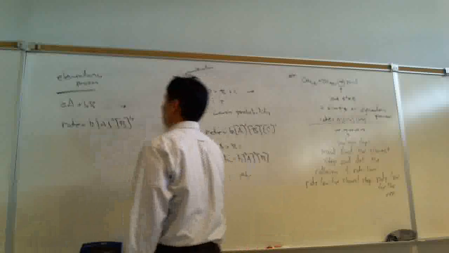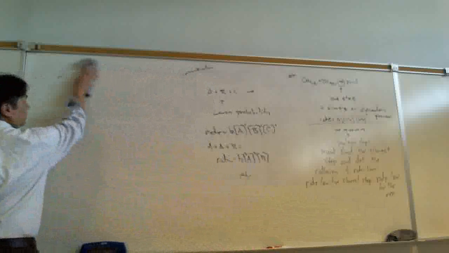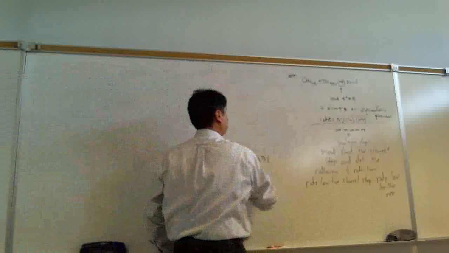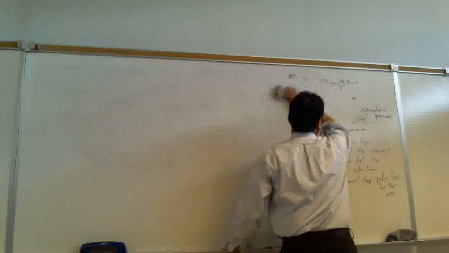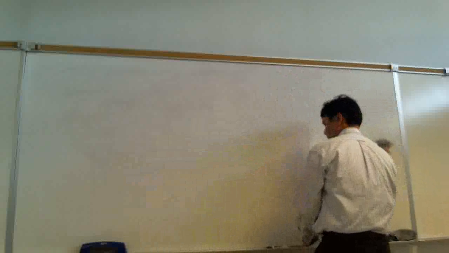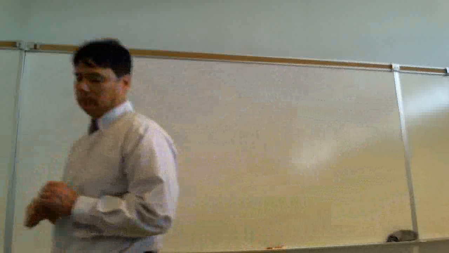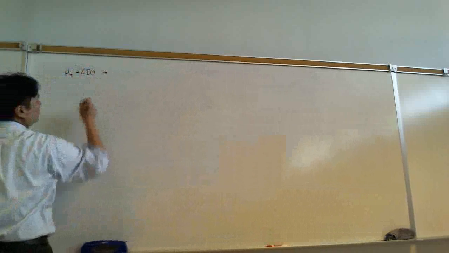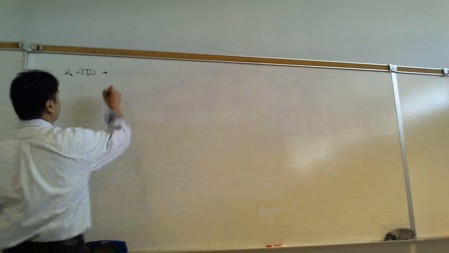Let's use your book's example for right now. Hydrogen plus 2 ICl yields iodine plus 2 HCl.